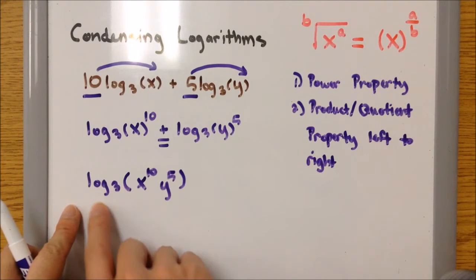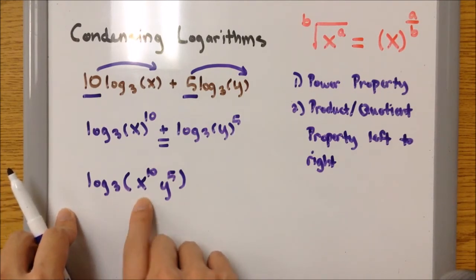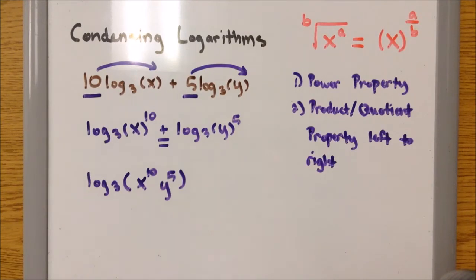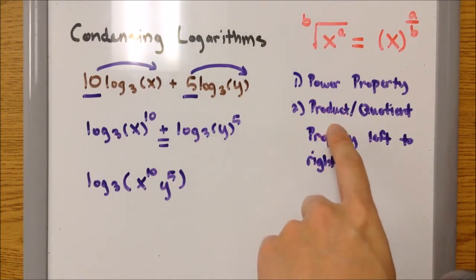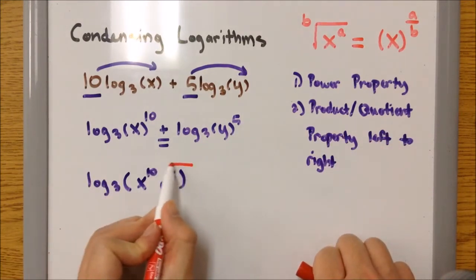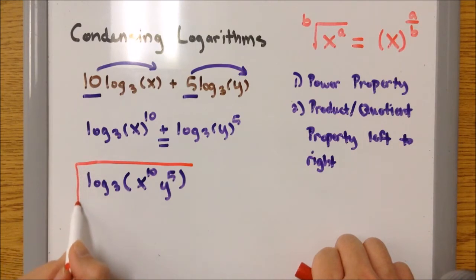So now we have log base 3 of x to the 10th power times y to the 5th power. So that's all we can do since we finished with the power property and the product quotient property from left to right. So this is our answer.